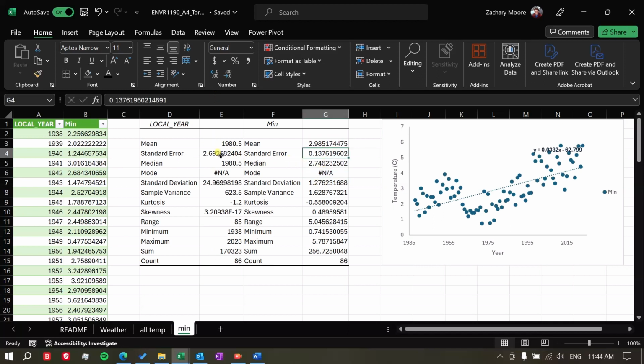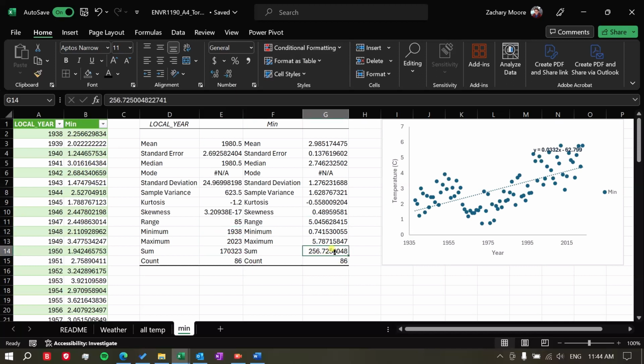We can also use this as a way of assessing the values that we have. We know that our mean and median year are around 1980. In class, this is a good way to see if we are getting different results from someone else doing this. Some people were getting counts of 86 because they had forgotten to filter out those 1937 and 2024 years and had different ranges.